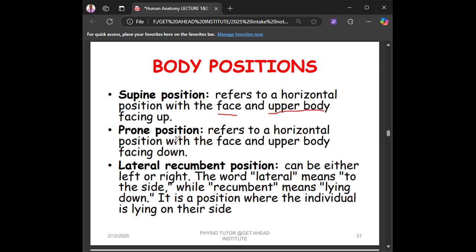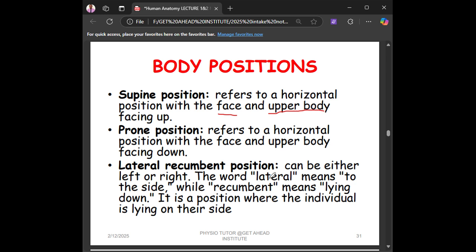The prone position is the opposite of the supine position. It also refers to a horizontal position, but the only difference is that the face and the upper body are facing down. Then we have the lateral recumbent position, which can be either left or right.